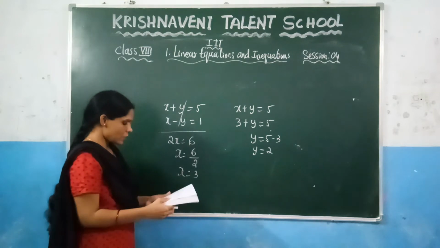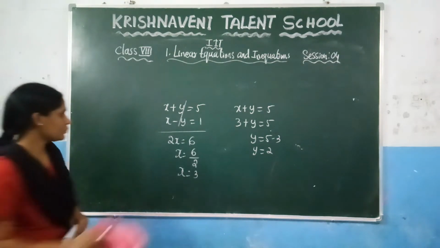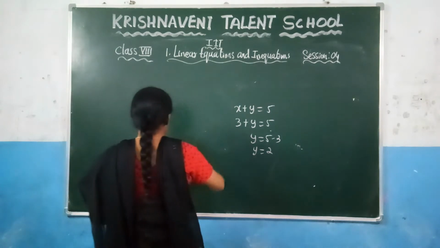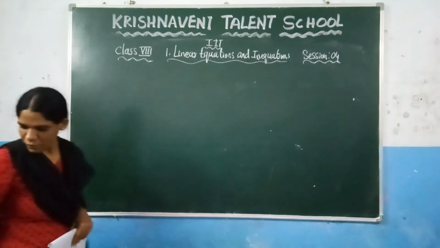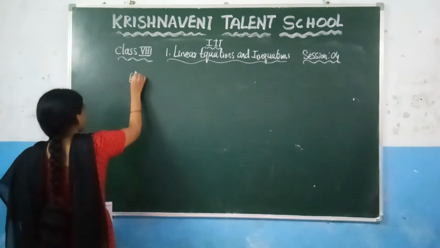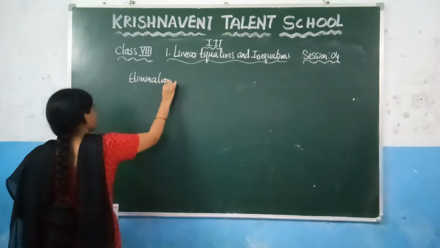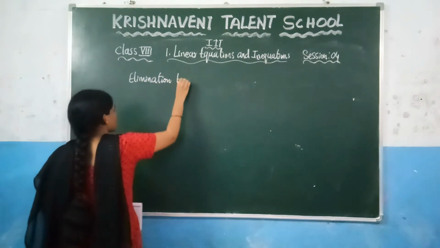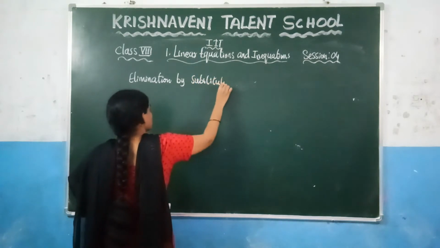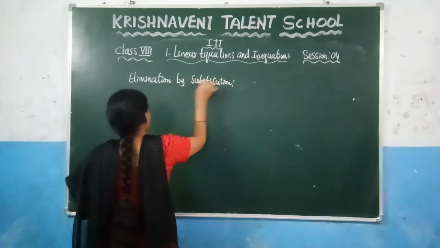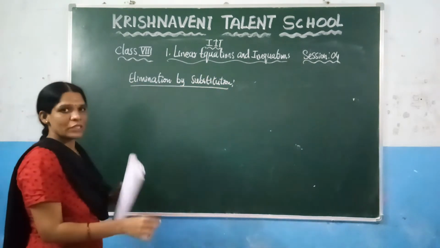Now see the next method, the second method, which is elimination by substitution. Here the name itself says you need to eliminate by substituting the value.